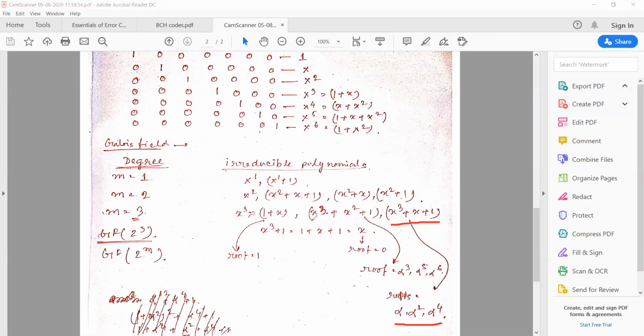If I consider the generator polynomial as x cube plus x square plus 1, the roots will be alpha cube, alpha to the power 5 and alpha to the power 6.